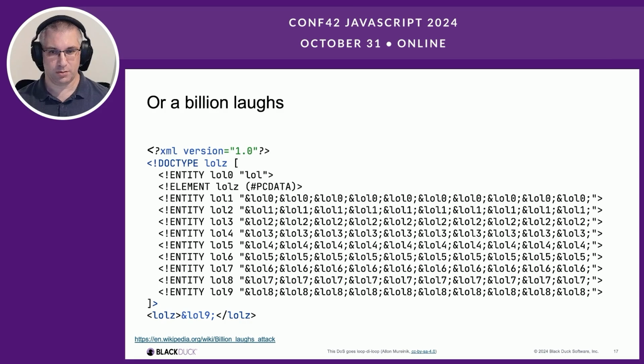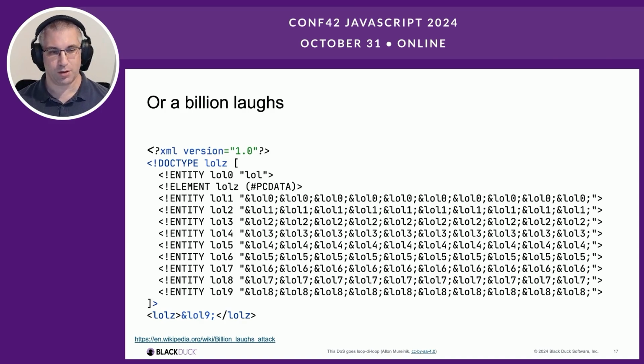This is the XML variant of an attack called the billion lols attack. And what this attack essentially does is it takes advantage of, if you'll excuse the phrase, XML being too smart for its own good. XML isn't just about angle brackets. It's a really smart format with a lot of functionality. One of the things it allows you to do is define entities. And even worse, it allows you to reference these entities by other entities. So this really small, textually speaking, XML has a content of the lol9 entity.